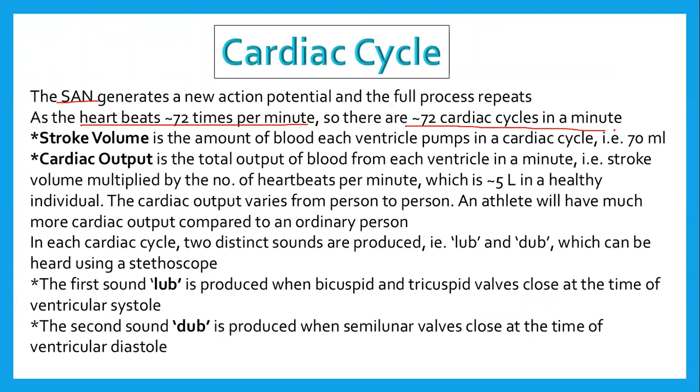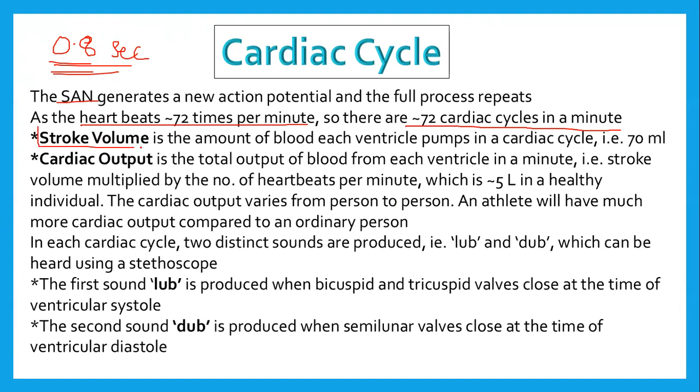It means that 72 cardiac cycles, a joint diastole, a ventricular systole, a ventricular diastole, three things happening all together 72 times in a minute. And each cardiac cycle takes place in 0.8 seconds.